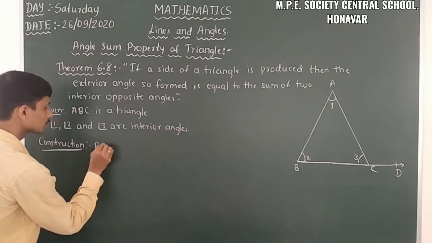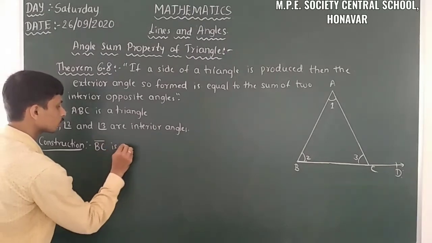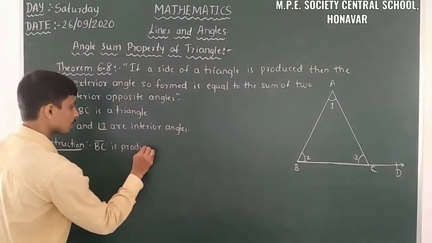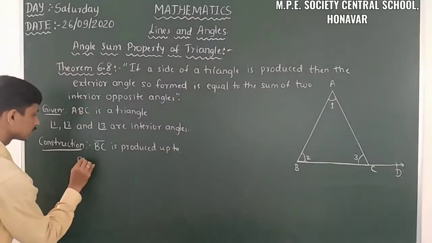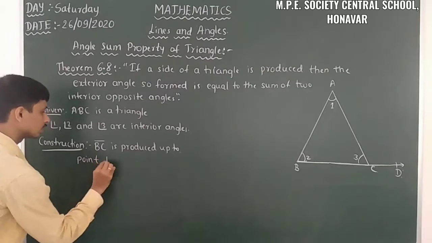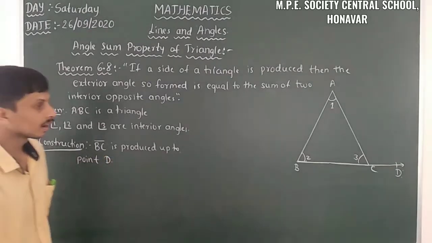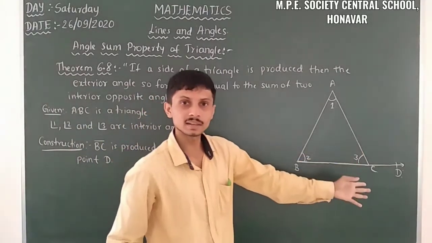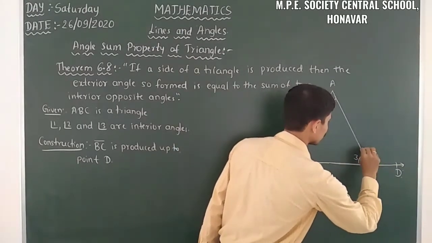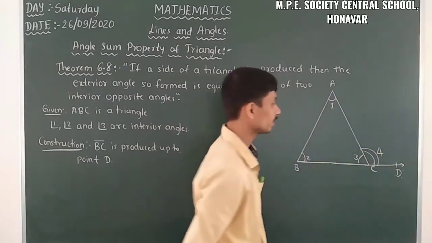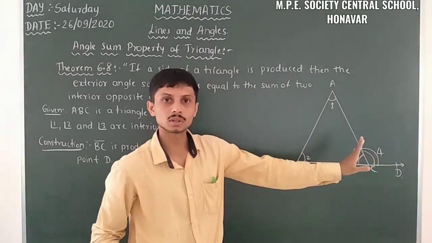BC is produced up to point D. And here another angle is formed, exterior angle is formed here. I will take this as 4. I will take this as 4 here.